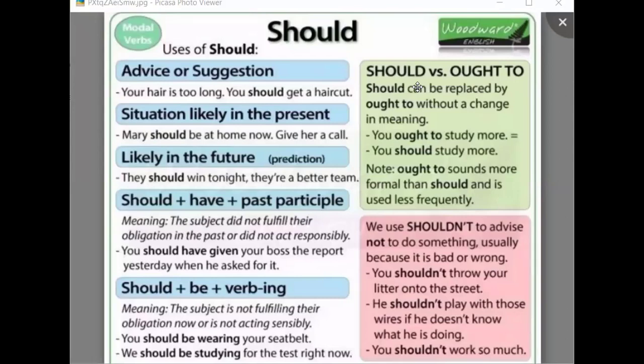So should can be replaced by ought to without a change in meaning, but remember that ought to sounds more formal than should and is used less frequently. So in this case, you should study more, meaning it's your moral obligation that you should study more.